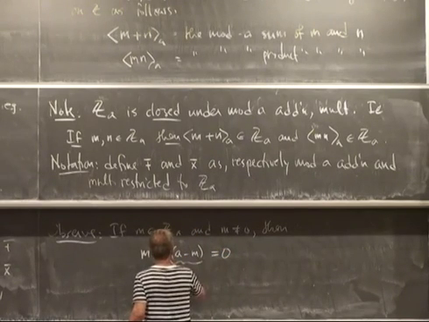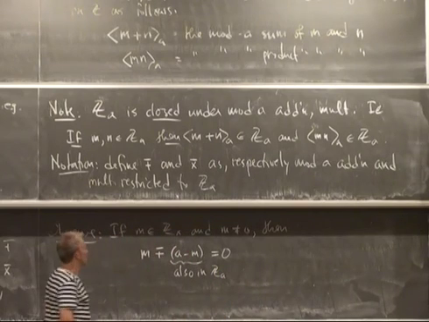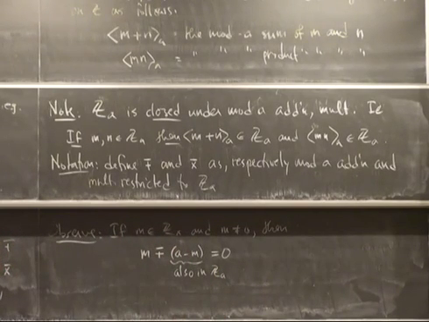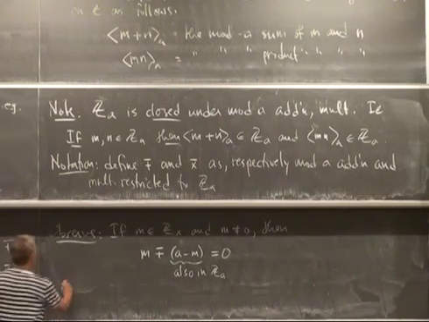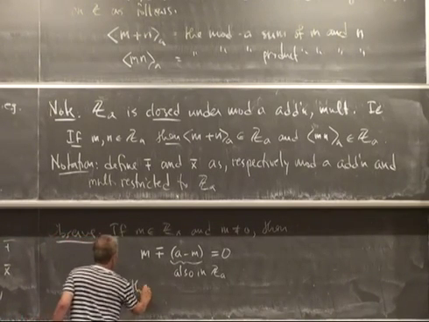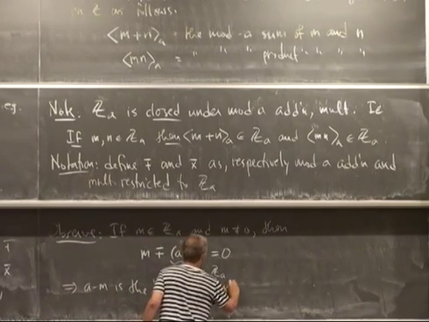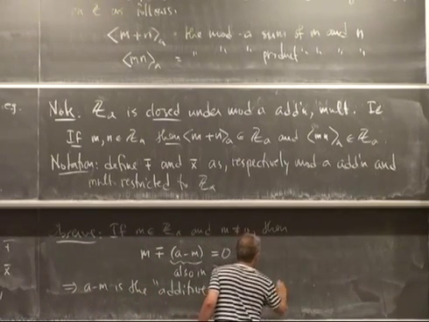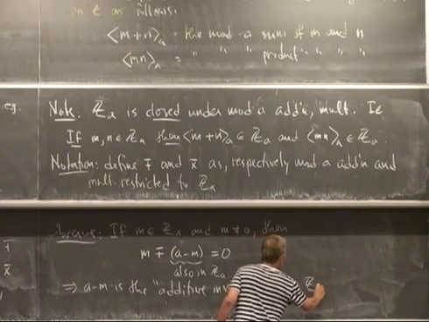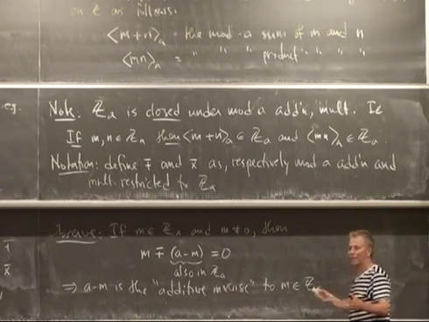And this is also in Z sub A because A minus M has to be less than A, because M is positive. Which means that A minus M is the quote-unquote additive inverse to M in Z sub A for all M. So every M has an additive inverse.